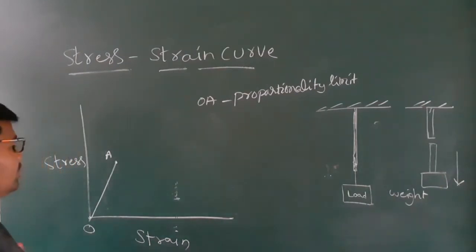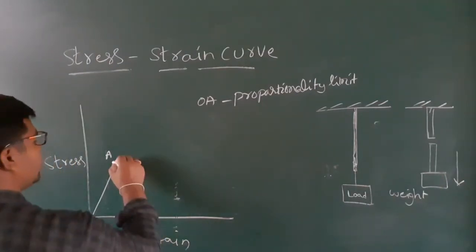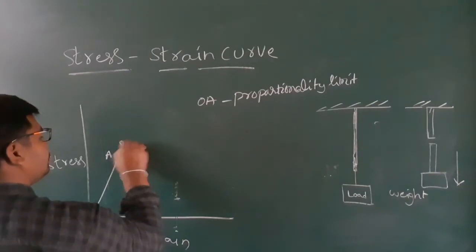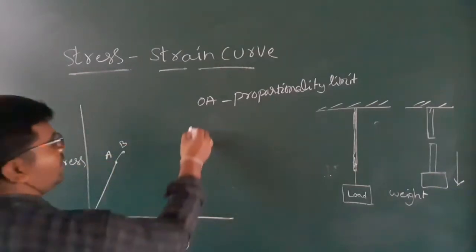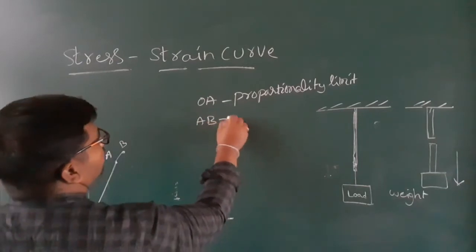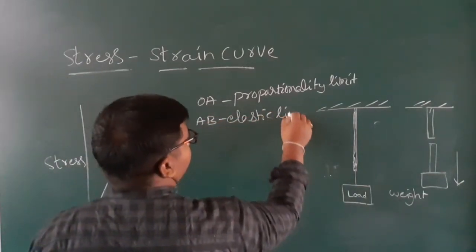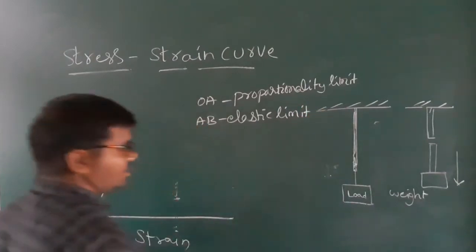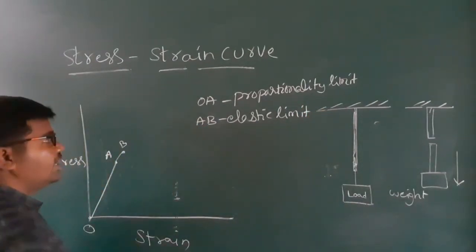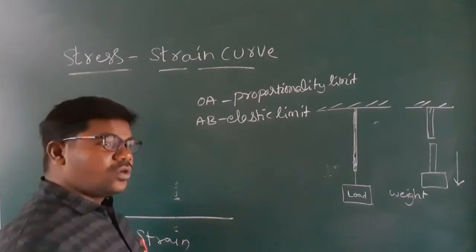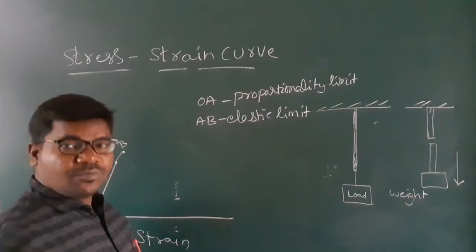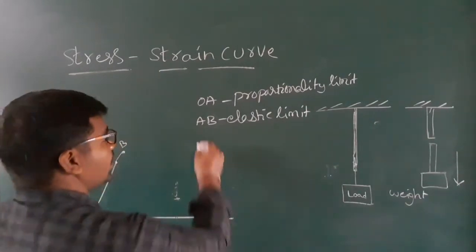Understand? Then again we apply load, and we get B. Then A to B we call the elastic limit. After getting OA, the proportional limit, we apply some more load, and we get AB.